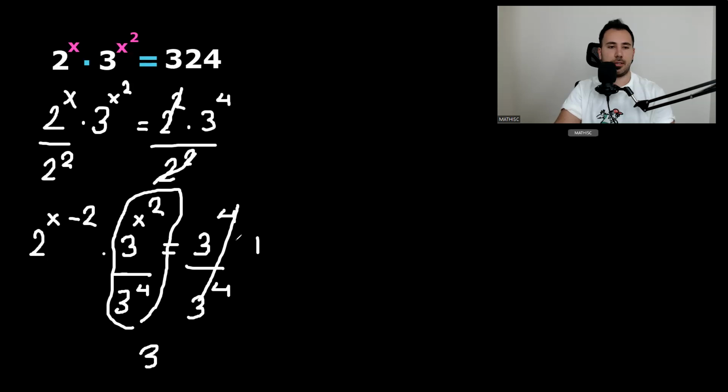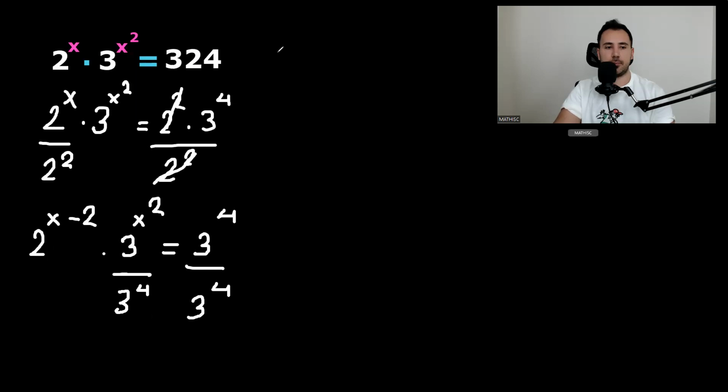So we'll have 2 to power of x minus 2 multiplied by 3 to power of x squared minus 4 equals 1.